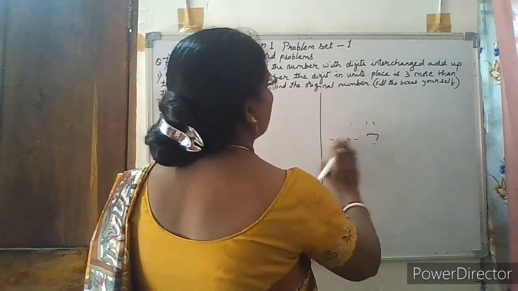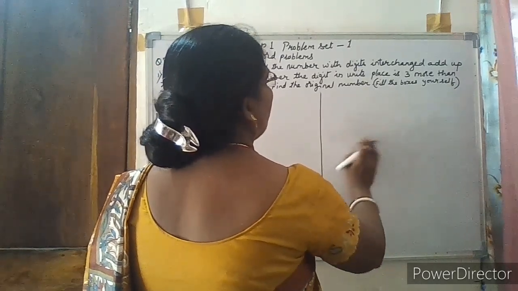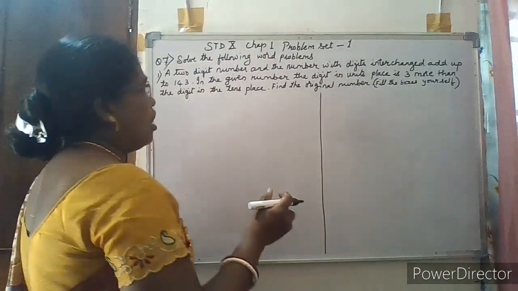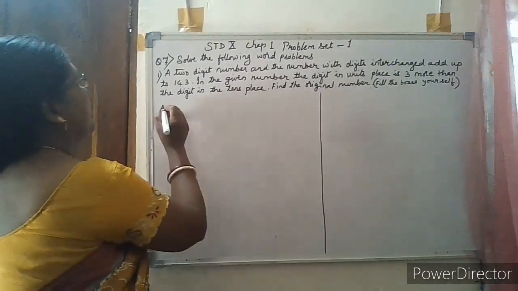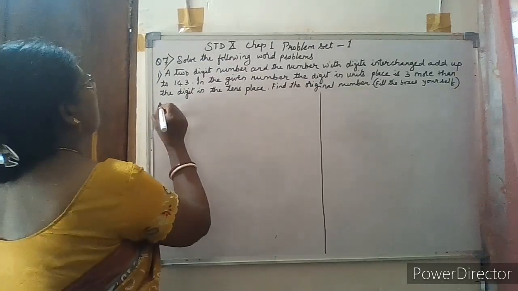Find the original number. When we talk about a two-digit number in algebra, we have to take it this way.